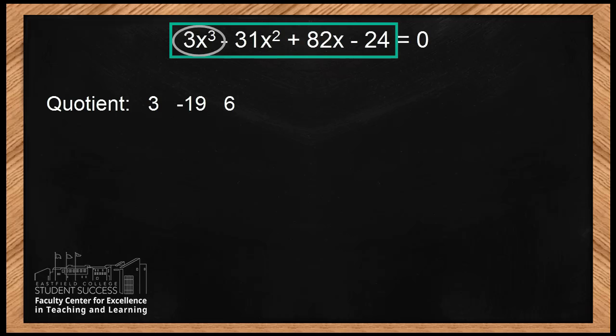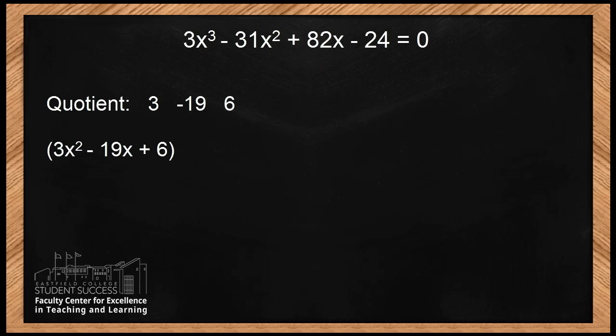That power of 3 is the highest exponent. It tells us that the function is cubic. Well, when we divide, if we decrease that exponent by 1, our quotient becomes quadratic. Let's see what we have. So our quotient now is really 3x squared minus 19x, and that 6 becomes our constant.